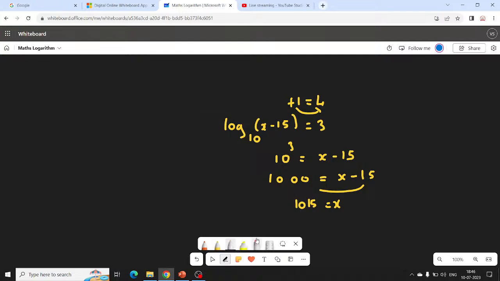Take it down. Log x to the base e plus log 1 plus x to the base e is equal to 0. Find the value.